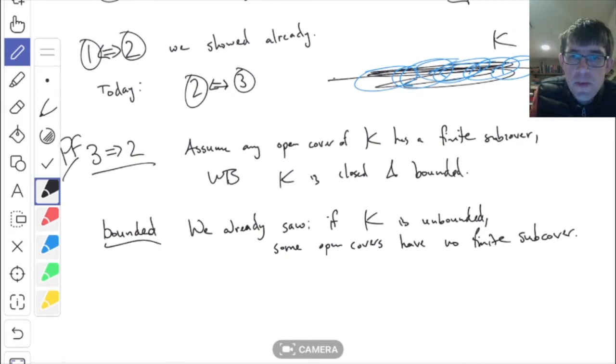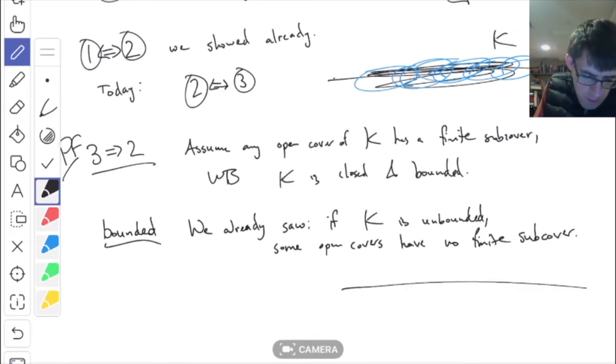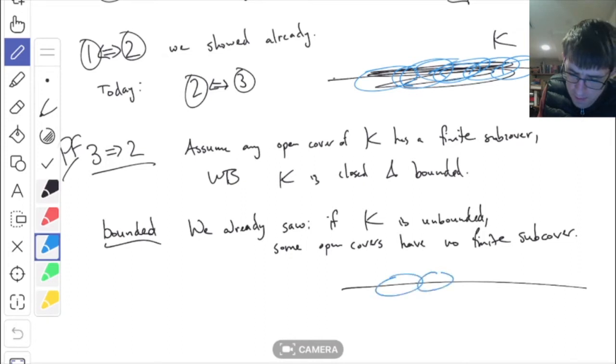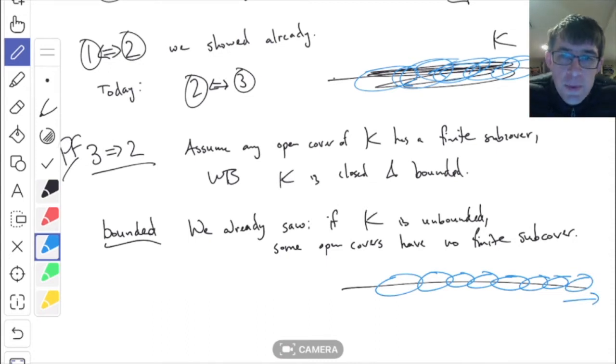That's because if K is unbounded, then you can make an open cover that goes all the way out this way, and that open cover requires infinitely many of those steps. You can't just take only finitely many and still cover all of K. If you take only finitely many, you're not going to stretch all the way out to the end. I mean, there is no end. So if K is unbounded, then some open covers have no finite subcover.